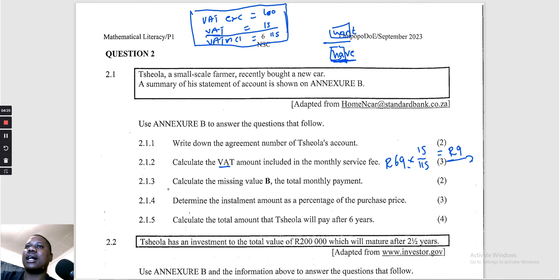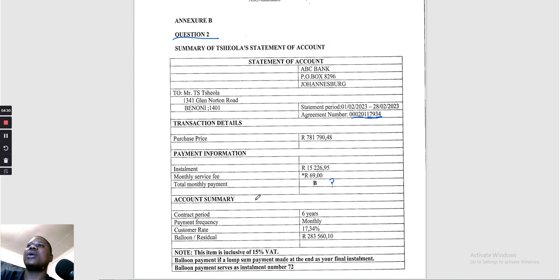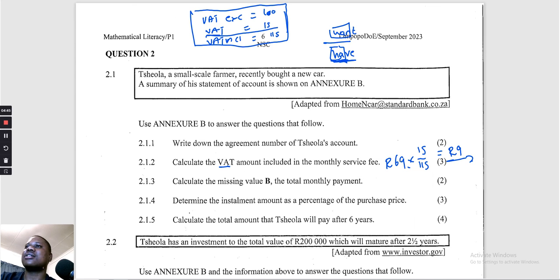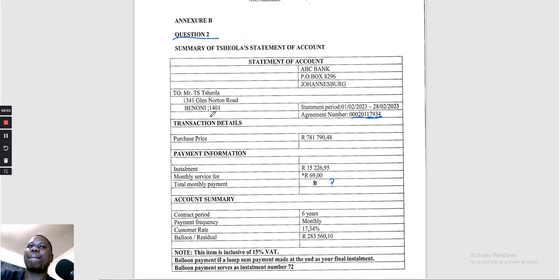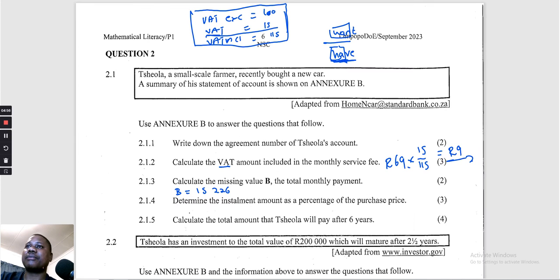Now, number 3, they say calculate the missing value, the total monthly payment. When you look at the total monthly payment, you are given the installment, and you're also given the monthly fee. Then you're not given the total monthly payment. So our total monthly payment is going to be 15,226.95 plus 69.